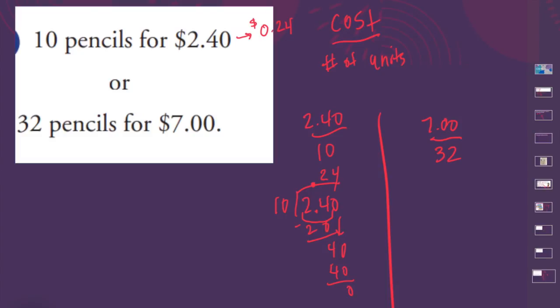Now let's look at the other deal, 32 pencils for $7. Well, $7 divided by 32, there's my decimal point lined up. 32 goes into 70 twice. Subtract and we get 6. Bring down our 0.